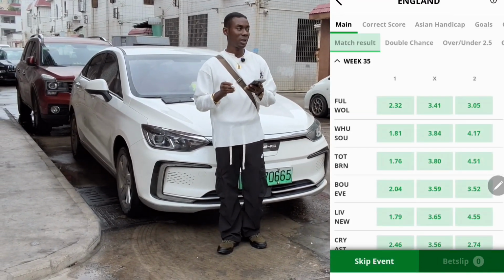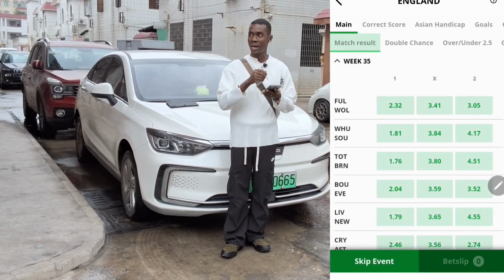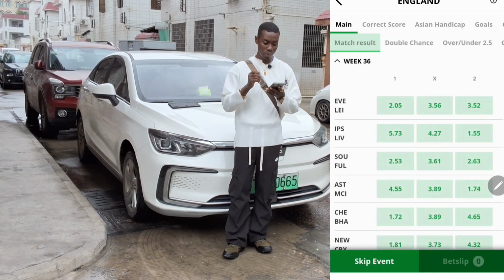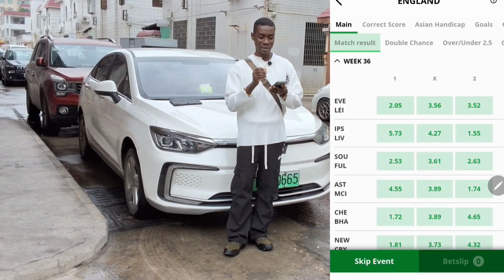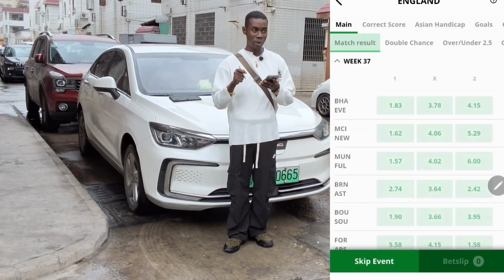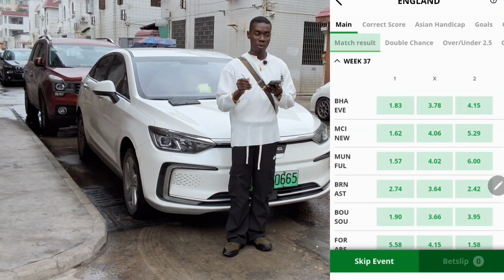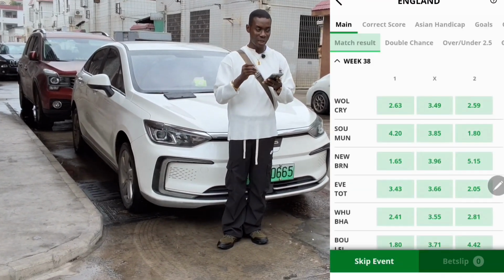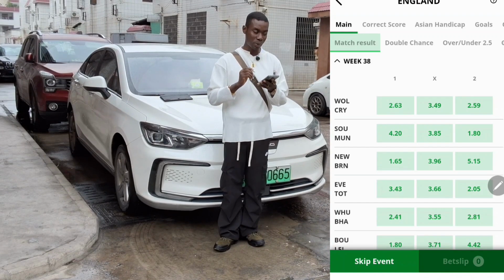Let's take, for instance, in the situation of this Leicester, assuming I made a loss, I'm not going to pick Everton if in the next week I'm having an entry point from Everton, okay? So all I have to do is to keep skipping until Leicester provides me with another entry point.